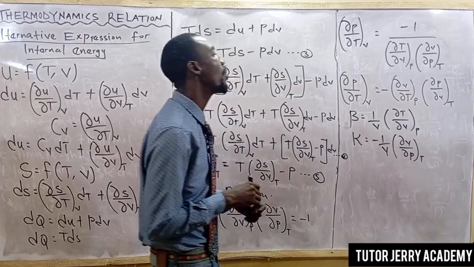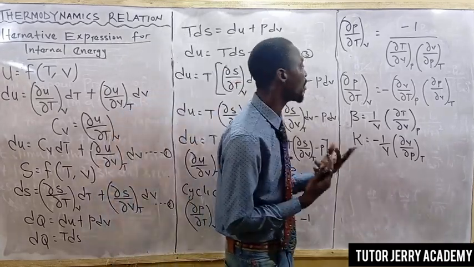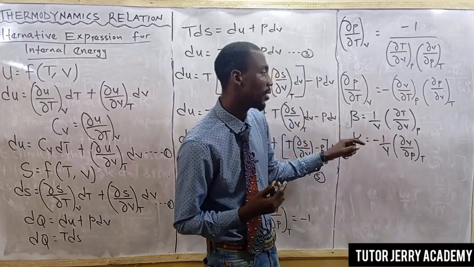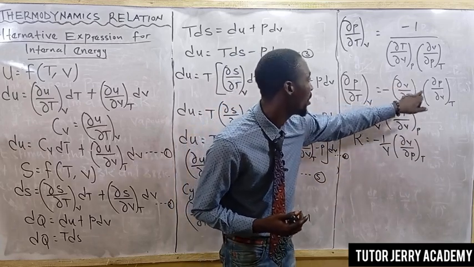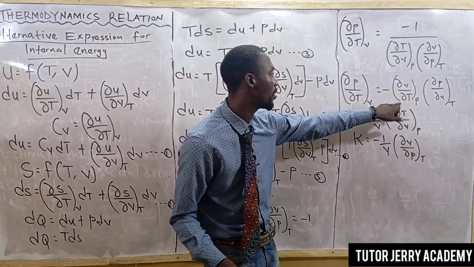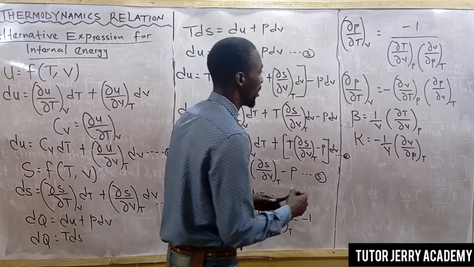All right. So now what we are going to do from this part is this. If you notice, we have the partial derivative of V all over the partial derivative of T. Please, there's just a mistake here.